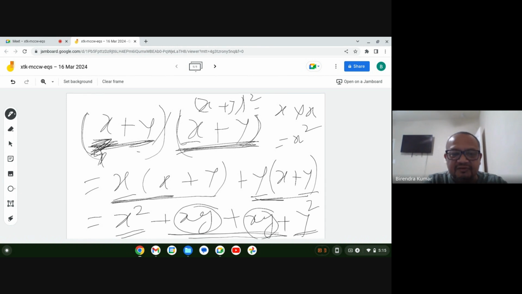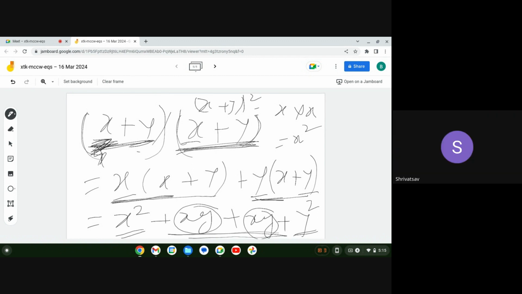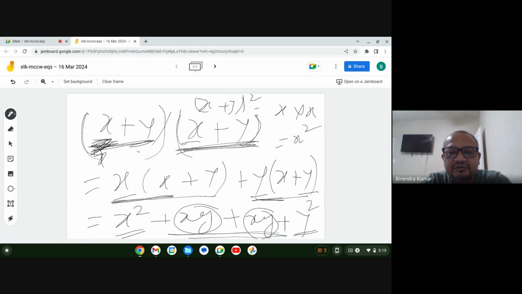I was just telling you guys how that identity holds any meaning. If I just tell you that this is the formula, memorize it, you will not learn. That's why I was trying to prove this to you, saying x plus y whole square equals this much because we are just doing simple mathematics to break it down.